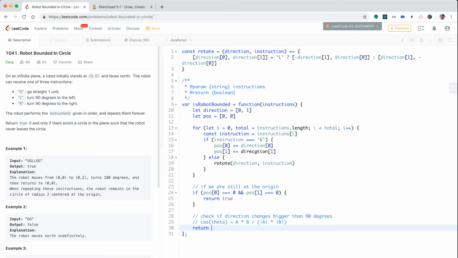So A times B means direction. So here we are calculating A direction, B 0 1 because this is the initial direction. So A times B equals, the first one is gone, and 1 times direction 1. So direction 1.